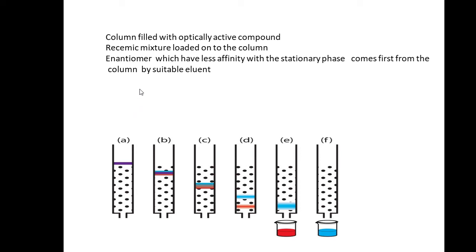Then the racemic mixture is loaded onto the column. One enantiomer will adsorb tightly on the stationary phase, and the enantiomer which has less affinity with the stationary phase comes out first from the column with a suitable eluent. The next one will come after that.